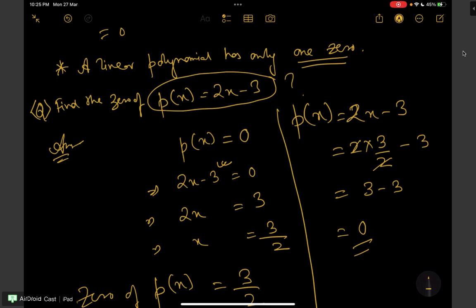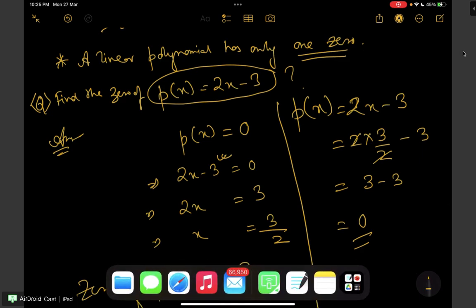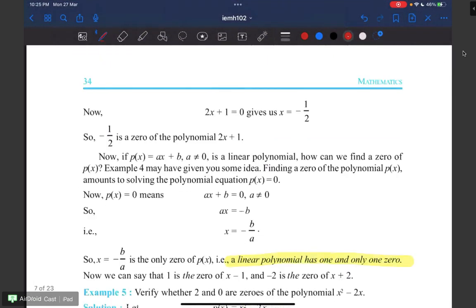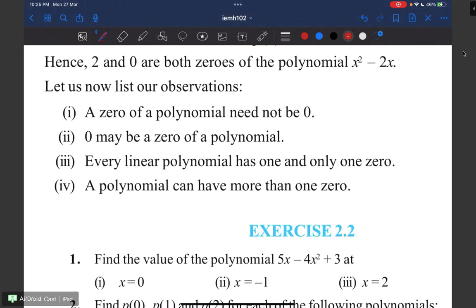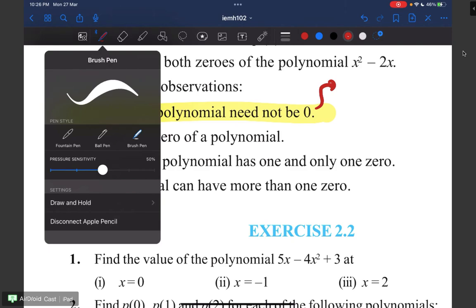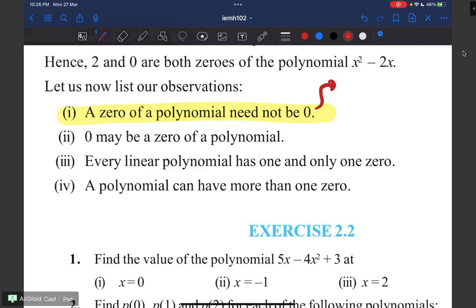Alright, so from these concepts that we have learned till now, we can make a few observations which are as follows. The first observation is a 0 of a polynomial need not be 0. If we have a polynomial, it's not always true that the 0 must be 0 only. For example, let's try to see here.